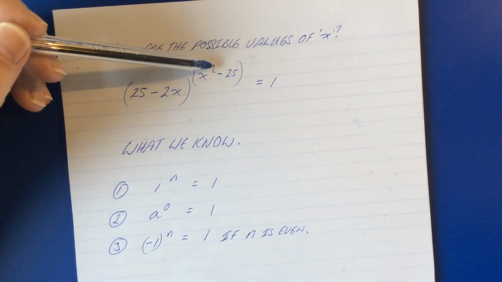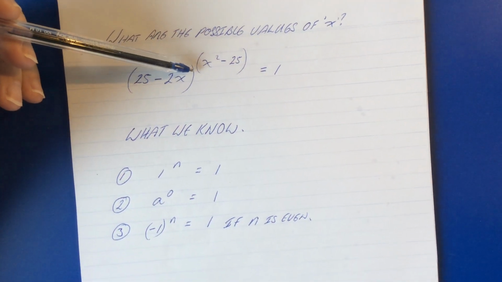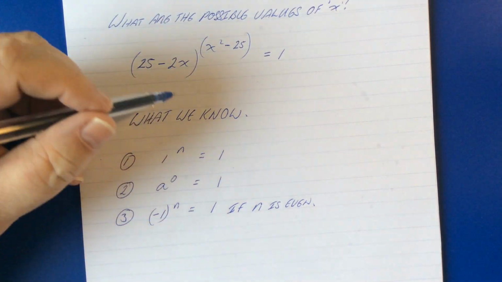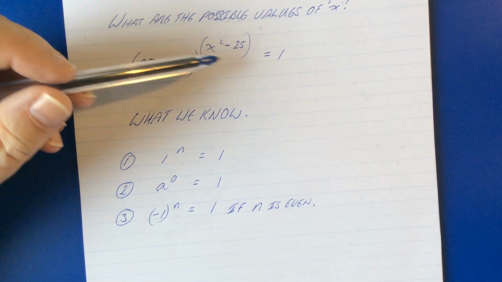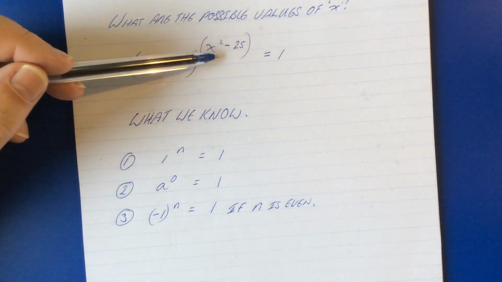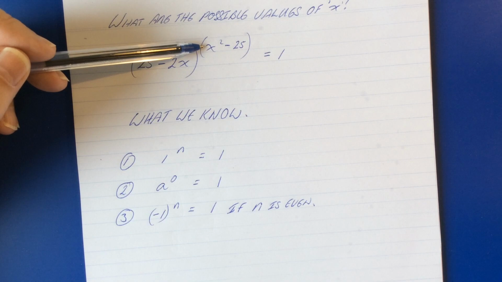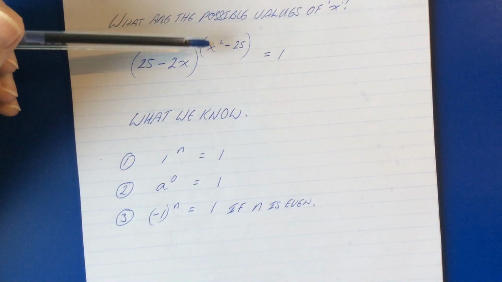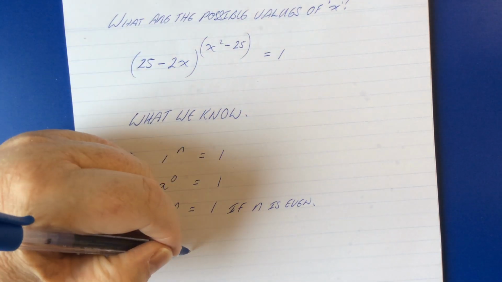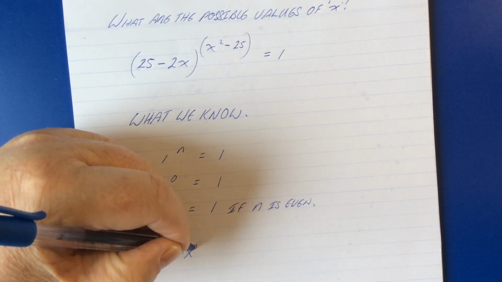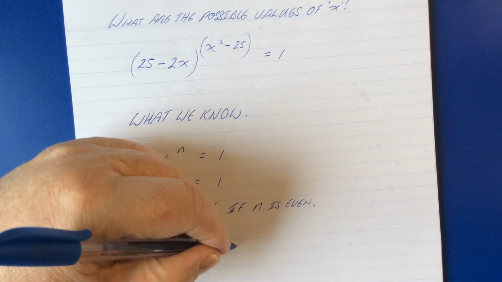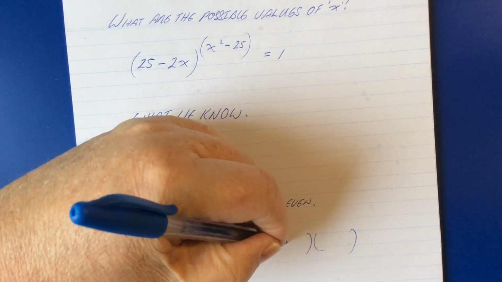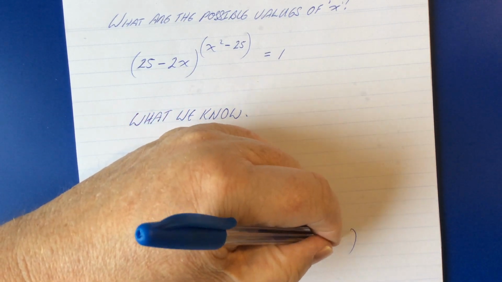Right. So what does that bode for us? Well, let's start with this power up here, which actually means dealing with number 2. In order for this expression here to equal 1, it has to be raised to a power of 0. So how do we make this equal 0? Well, this is the difference of two squares. So x squared minus 25 equals 0 can be solved as follows: (x plus 5)(x minus 5).